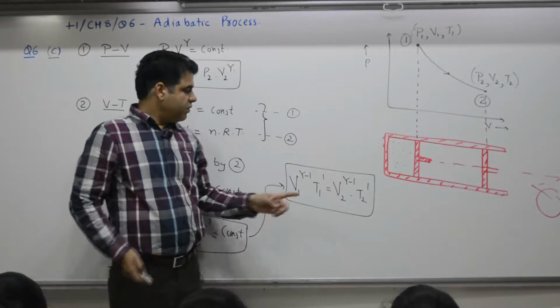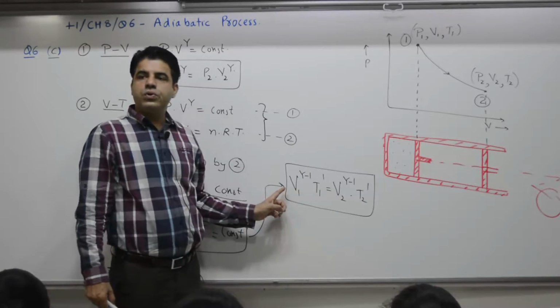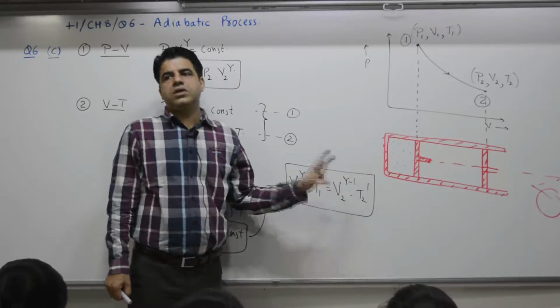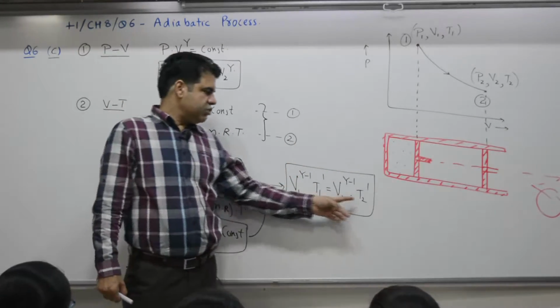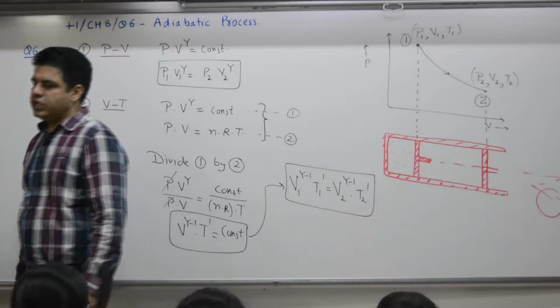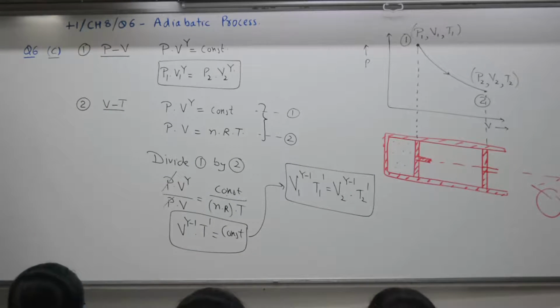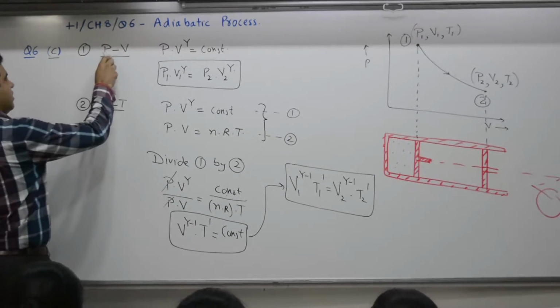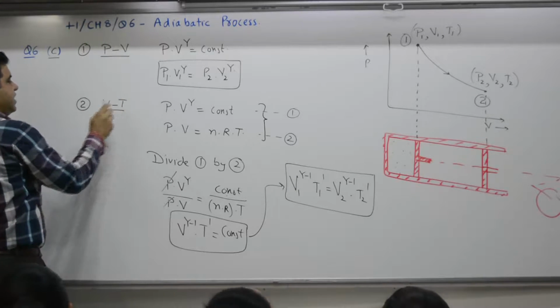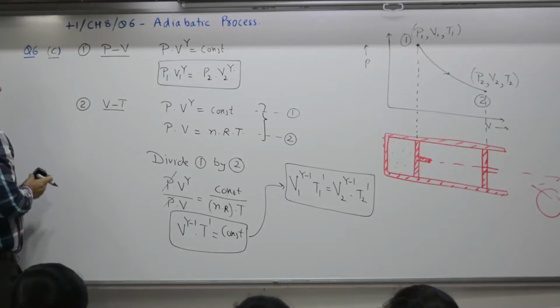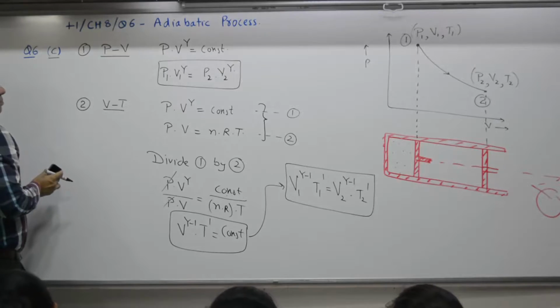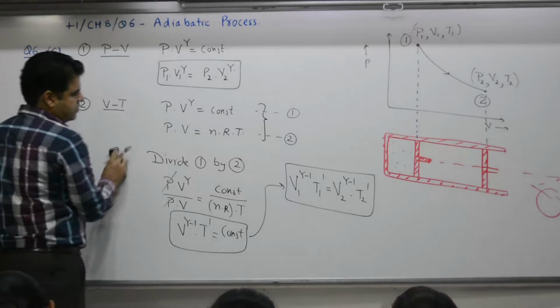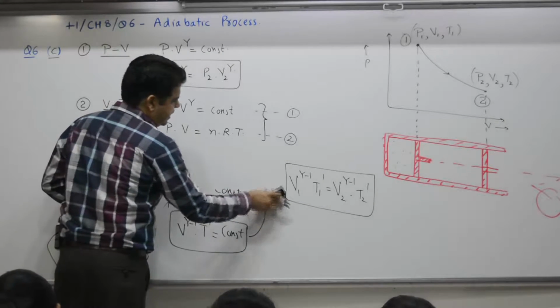That means if a volume ratio is given to you, you can find out a temperature ratio, or if a temperature ratio is given, you can find out a volume ratio. So you have PV relationship, you have a VT relationship. Third one more, PT relationship.